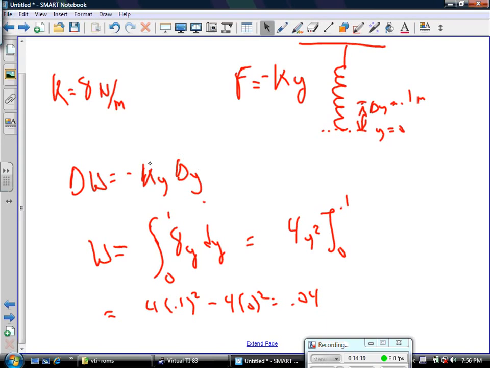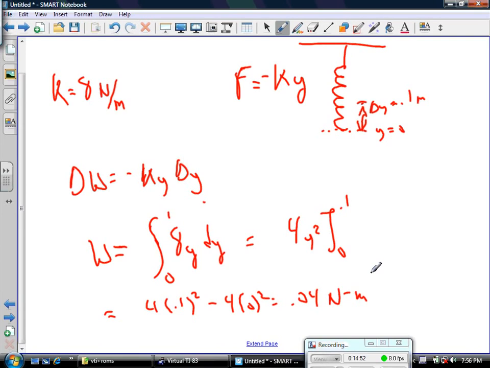What's newtons per meter times meters? Newtons. And what's newtons times meters but newton meters? So this is the unit of work, newton meters. Newton meters are also known as joules.